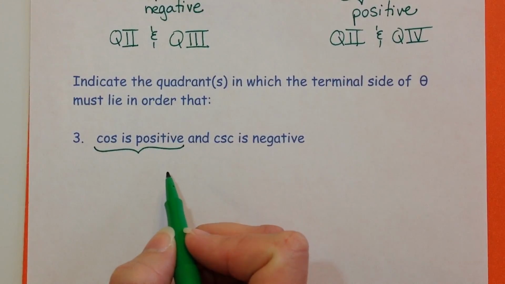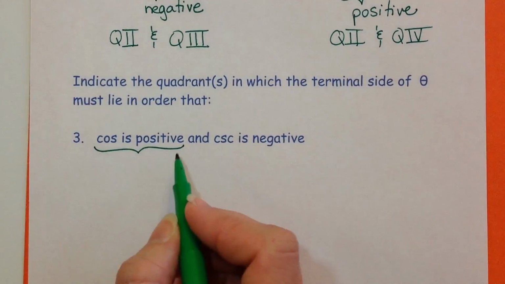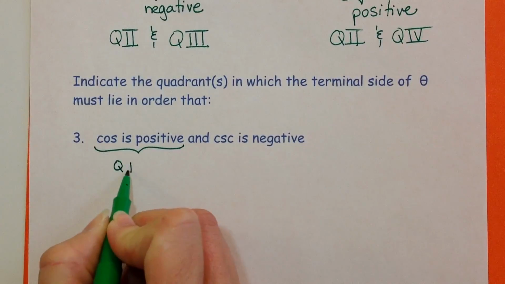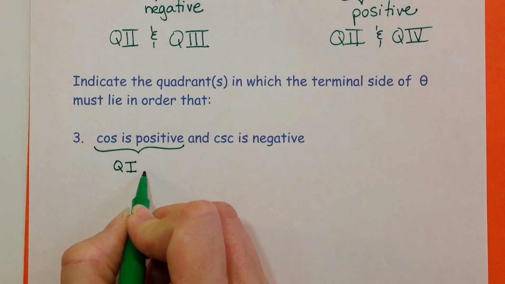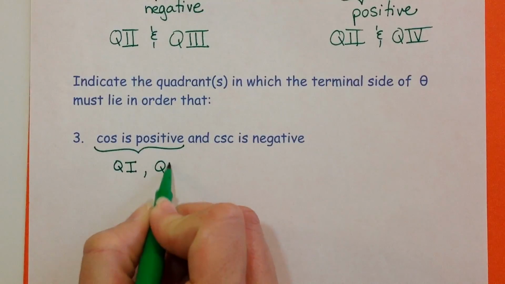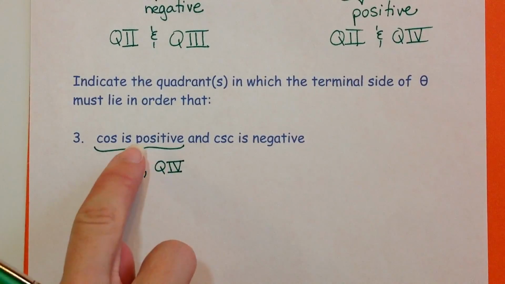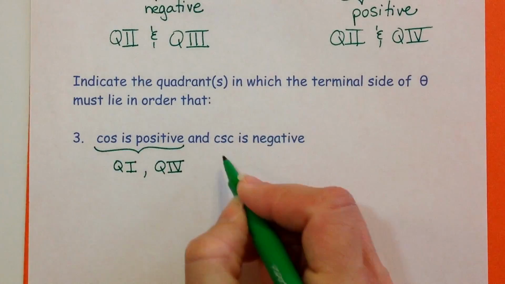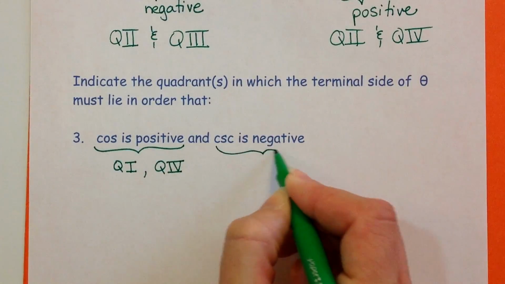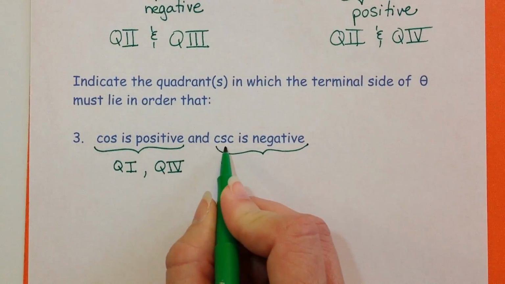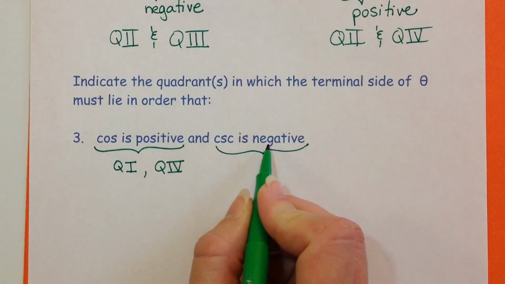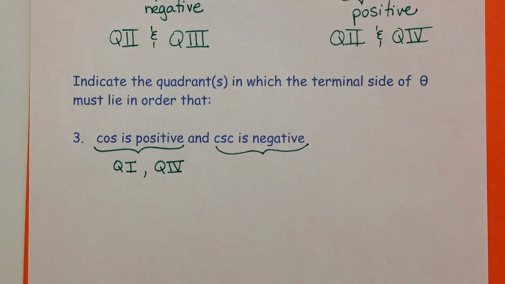Cosine is going to have to be positive in the first quadrant, because everything's positive in the first, but it's also positive in the fourth quadrant. So those two quadrants satisfy this. Now let's figure out what quadrants satisfy cosecant being negative. I know it's not first, everything's positive in the first.